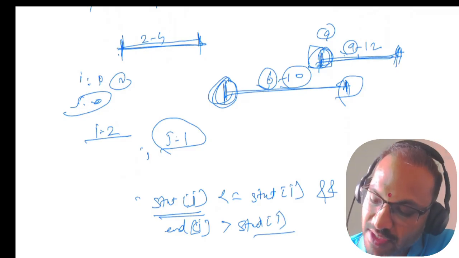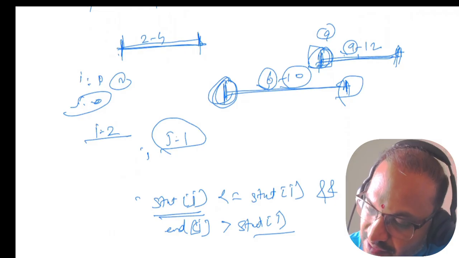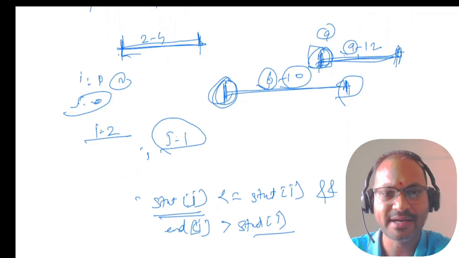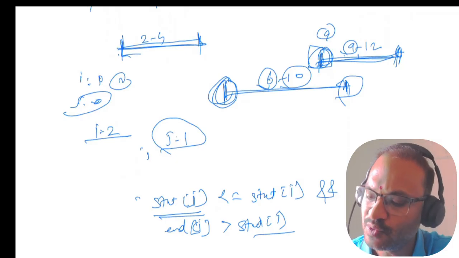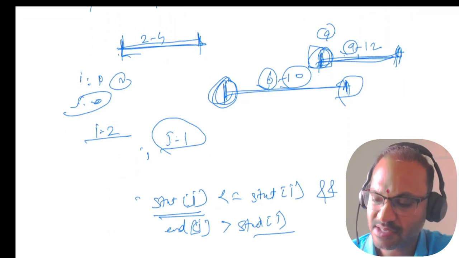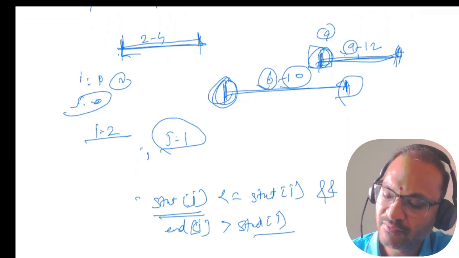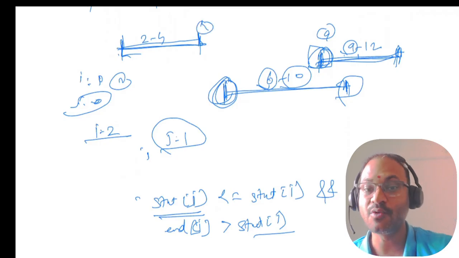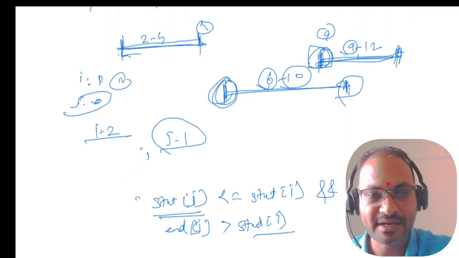If I take 9 and 12 and compare here, the starting is 2 and the starting is 9, so that condition holds. But the ending of j, when it ends at 4, is it greater than 9? No. So in that case, it won't be considered as overlapping, and I will not be increasing the meeting room count.